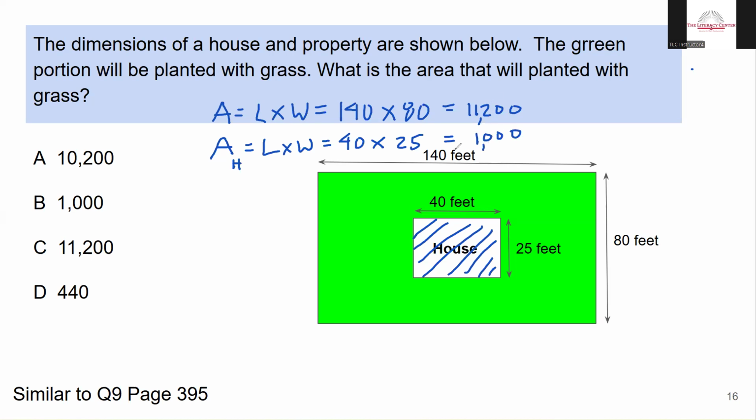So we need to subtract the 1,000 square feet where the house is from the 11,200 square feet that is like the whole yard. And that's it. 11,200 minus 1,000 leaves us with 10,200 square feet. Answer A.